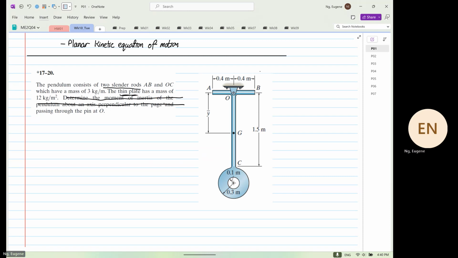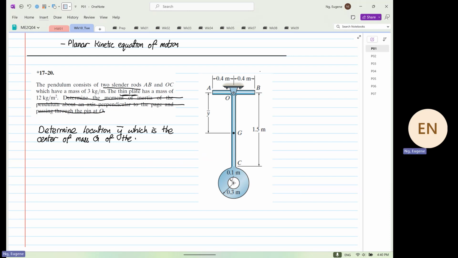So we want to determine, my bad, we would like to determine the location y bar, which is the center of mass, G, of the pendulum.